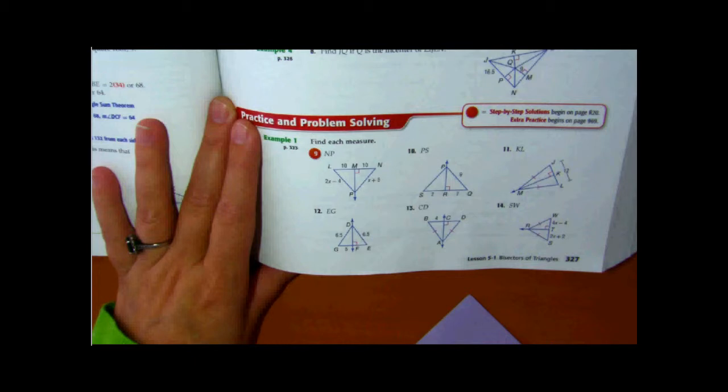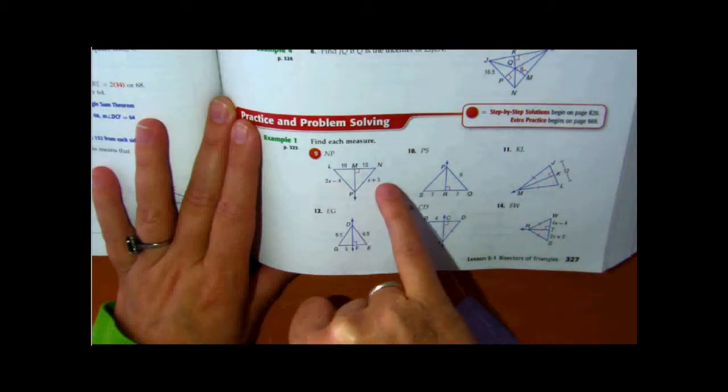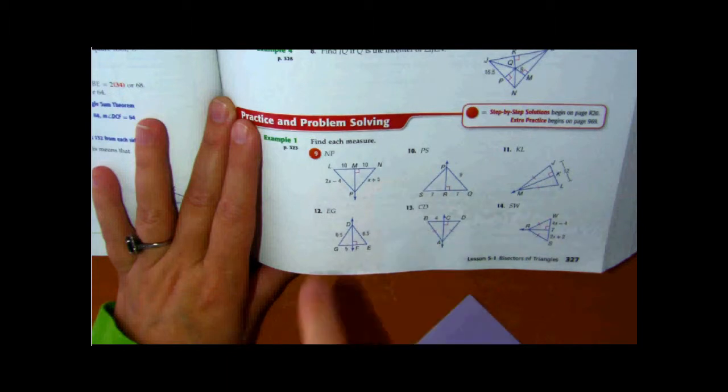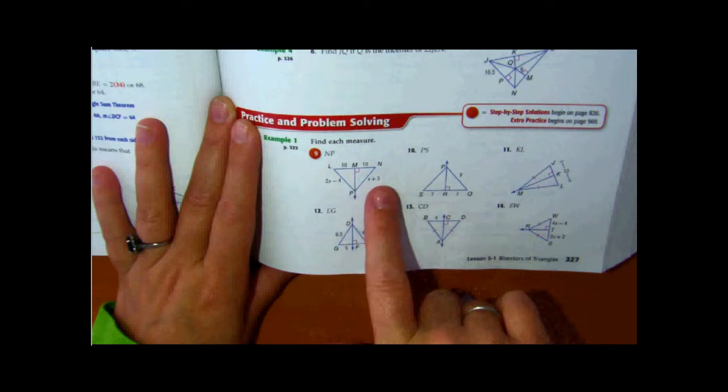And then when we got to this part, if these two were the same, that meant these two were the same. Do you remember that? So if those are both 10, that means 2x minus 4 is equal to x plus 5. So I could solve for x.